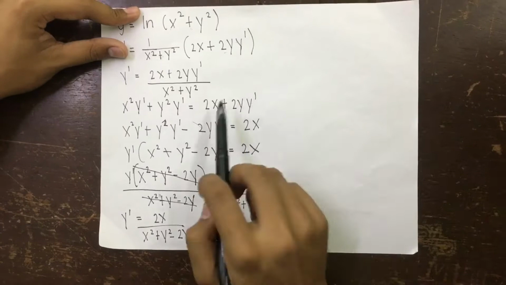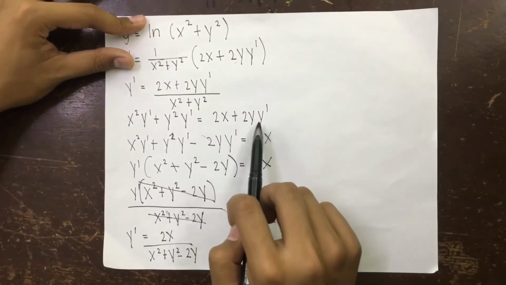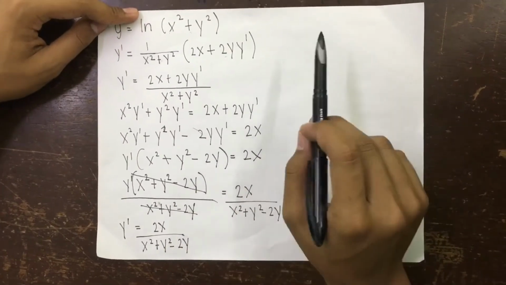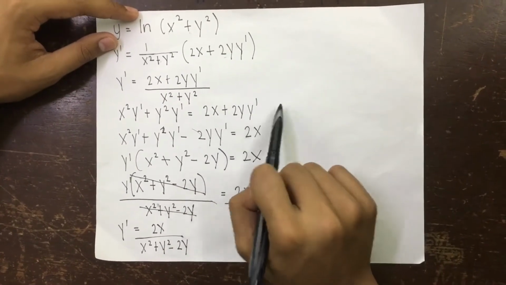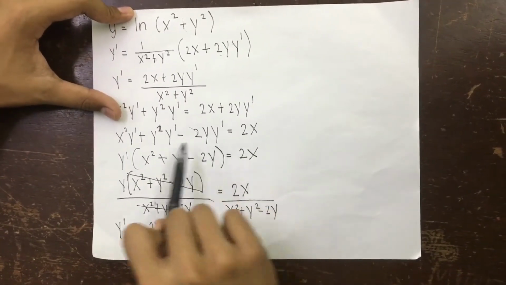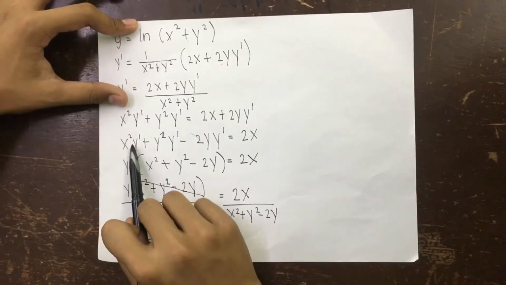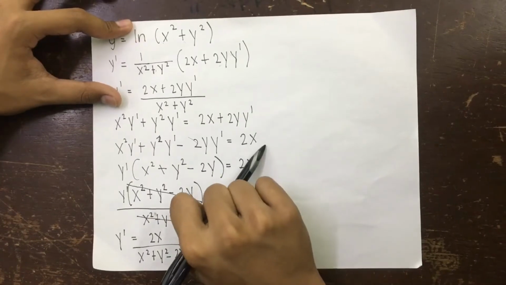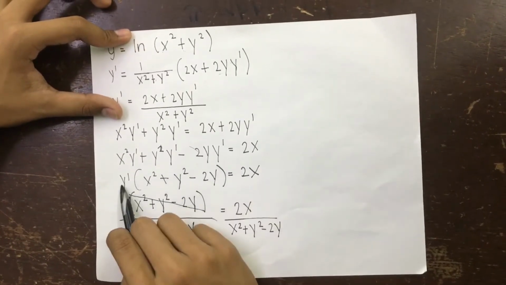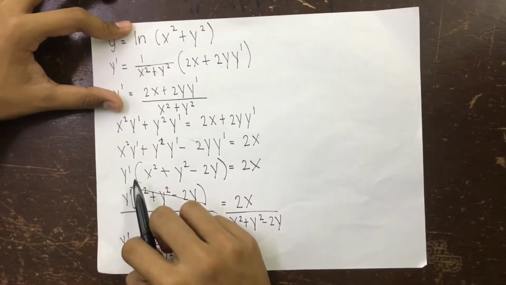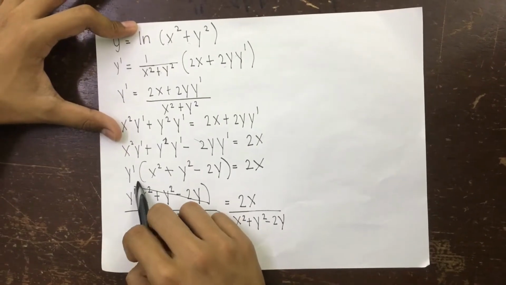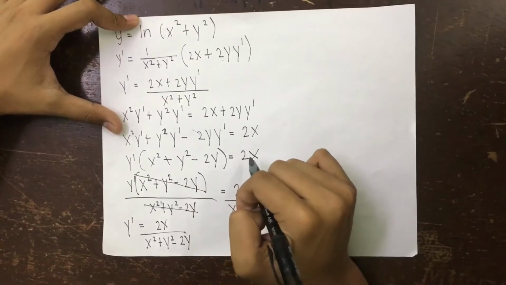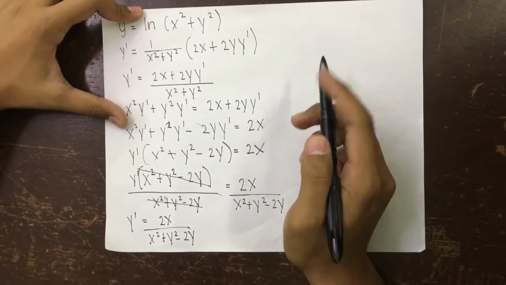And then I put those values with y prime on the left, and on the right are those that don't have y prime. So I come up to this answer, x squared y prime plus y squared y prime minus 2y y prime is equal to 2x. And then I factored out y prime for me to be able to isolate y prime, then y prime times x squared plus y squared minus 2y is equal to 2x.